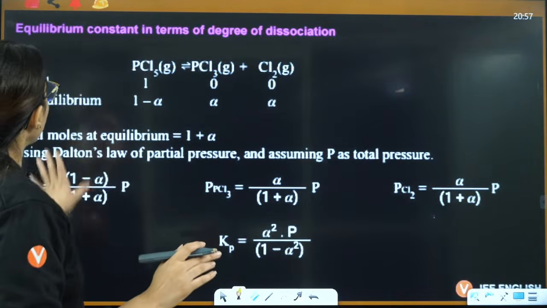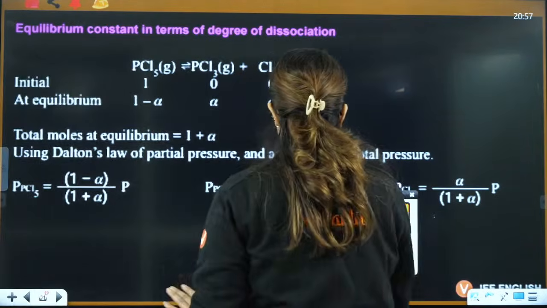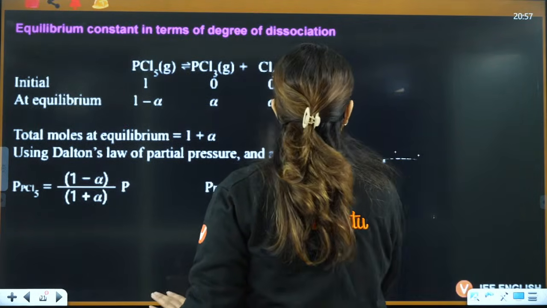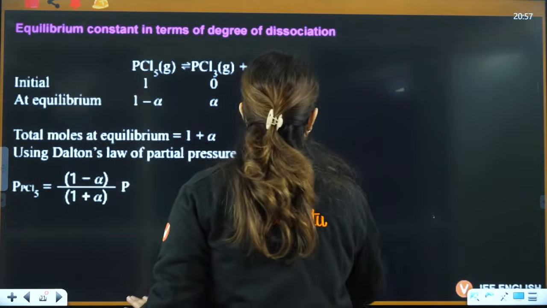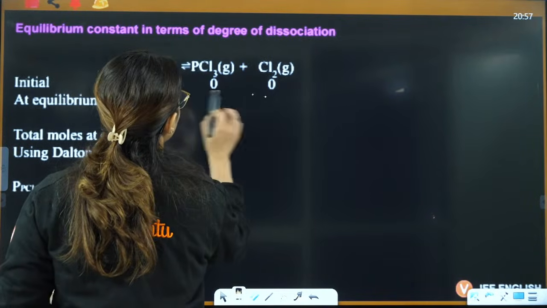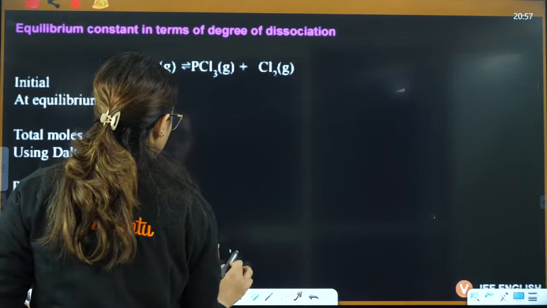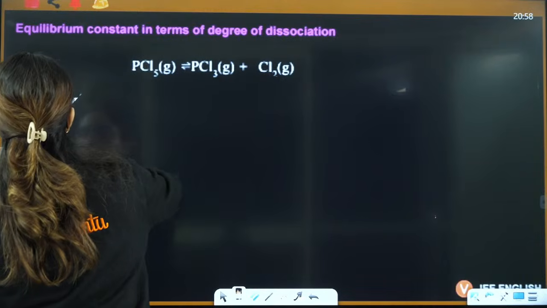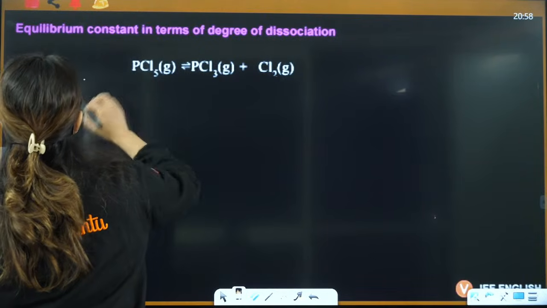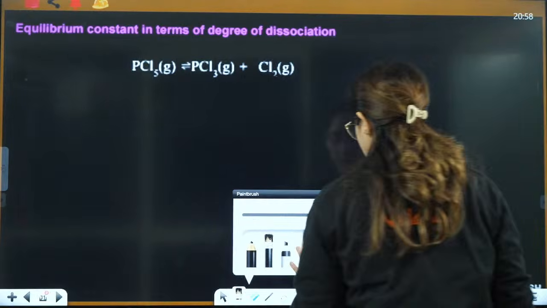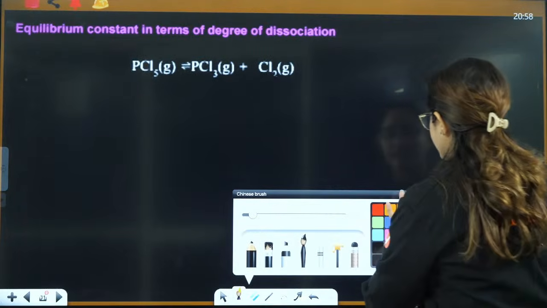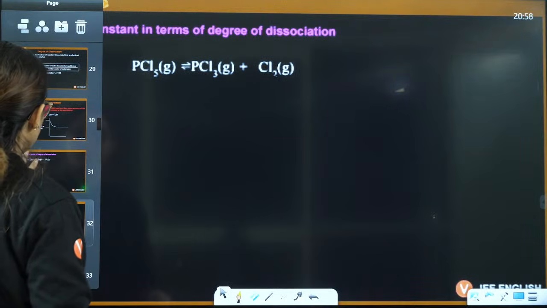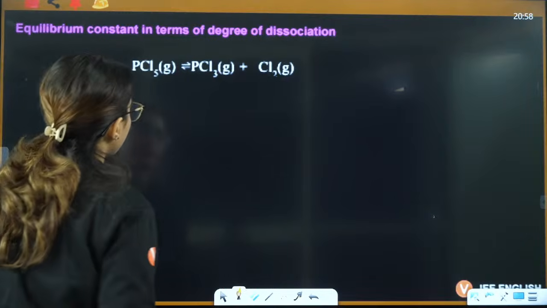Let's see this one thing. I'll calculate Kp and Kc both for this, right? Let me copy this and let's do how to calculate Kp and how to calculate Kc.